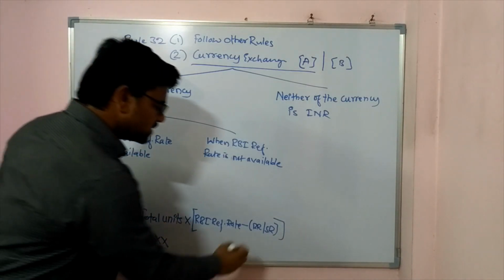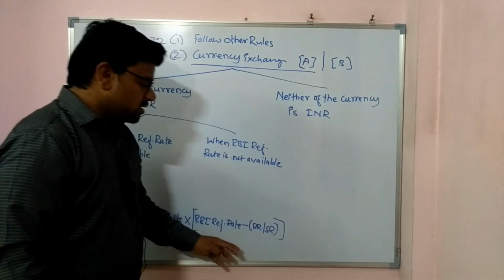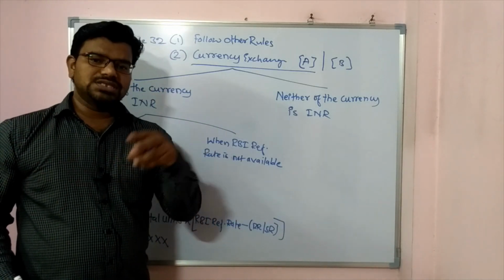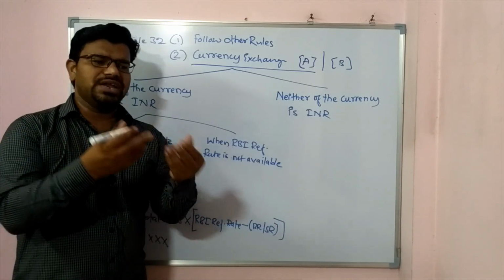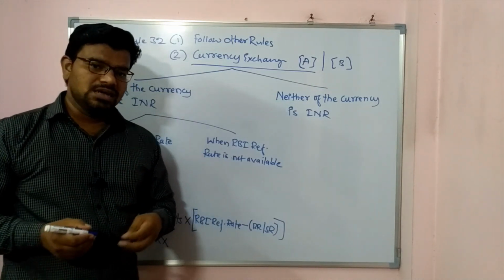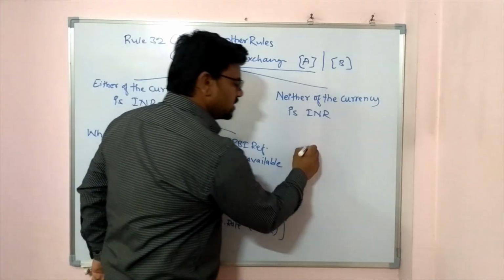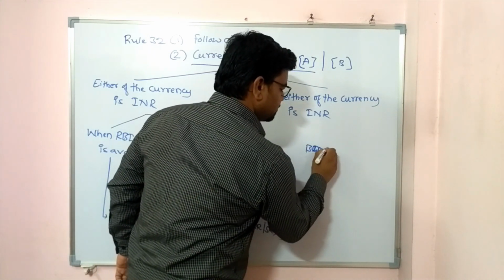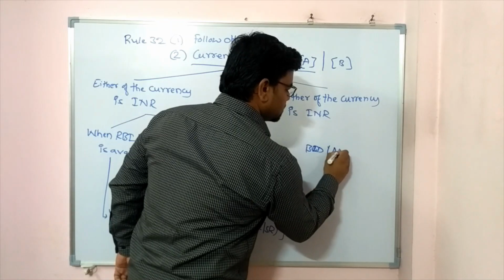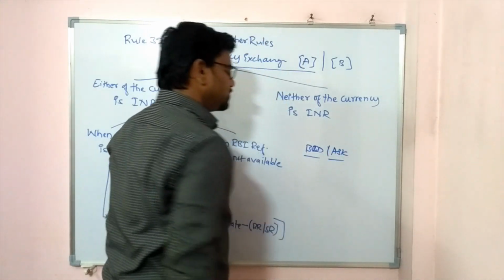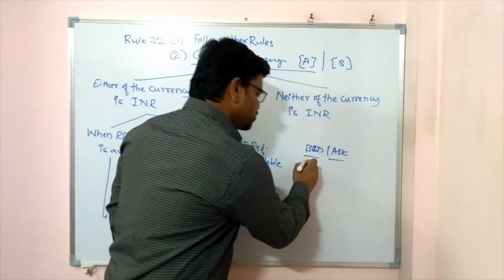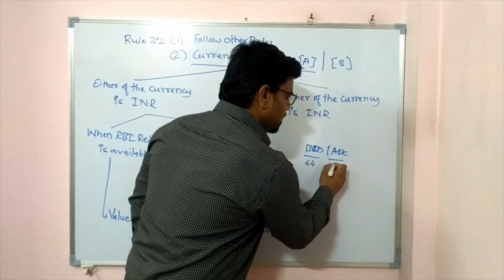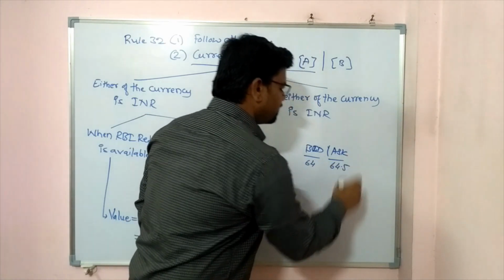Now, what is this buying rate and selling rate? If you want to exchange currency from one currency to another, you will go to a commercial bank, and the bank will give you both a bid rate and an ask rate. Bid rate is usually smaller, let us say 64, and ask rate will be 64.5.